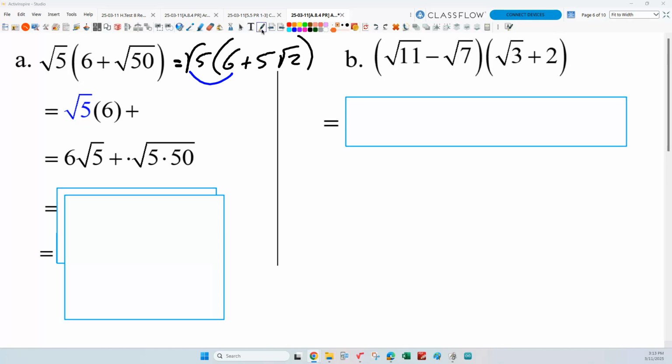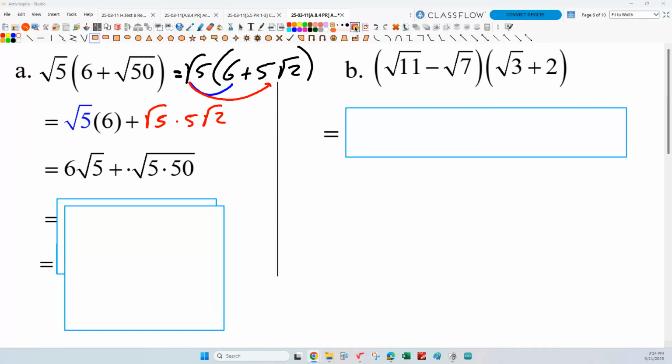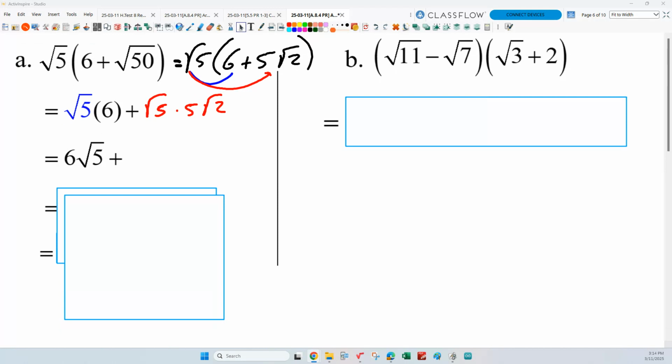Okay, when I distribute the square root of 5 to that term, I'm going to get square root of 5 times 5 square root of 2, right? What's that going to give me?